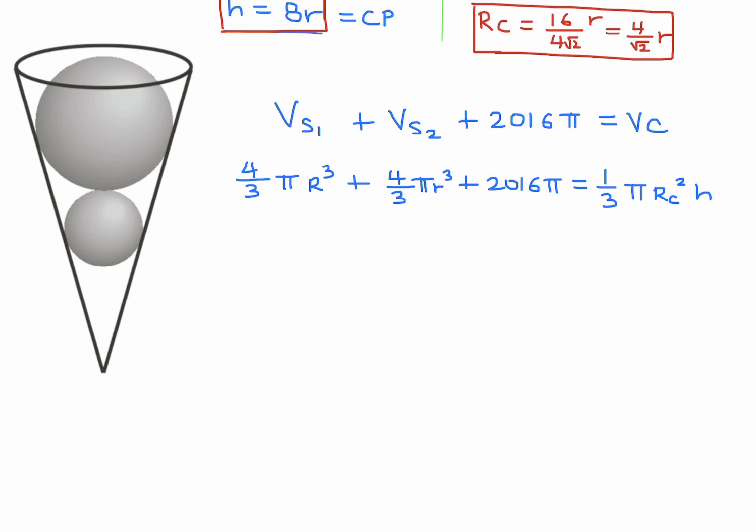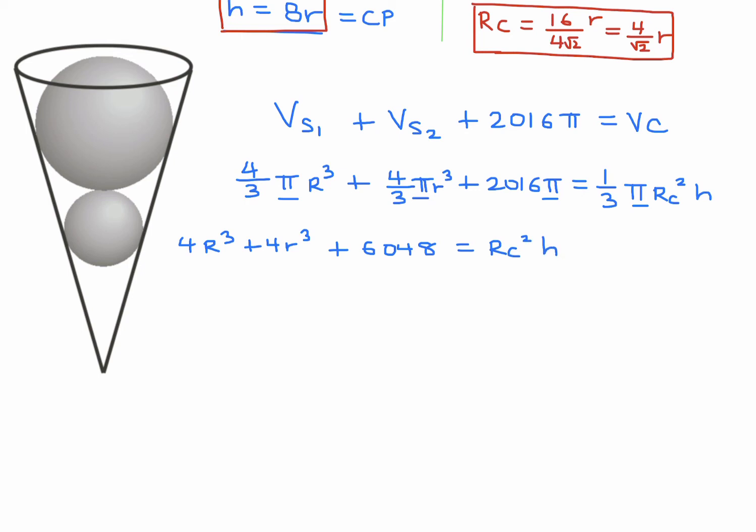Okay, the first thing we can do is eliminate all the pi's, so all these pi's can go. And then we can multiply through by 3. Multiply through by 3, and that will get rid of the fractions. So when you do all that, you will get 4R cubed plus 4 small r cubed plus 648. Remember, I'm multiplying through by 3. And this gives me just RC squared h.